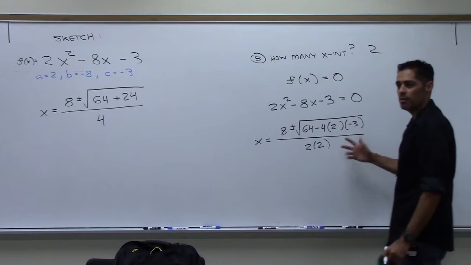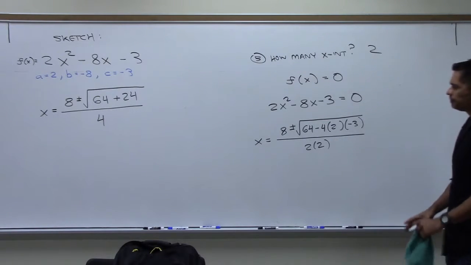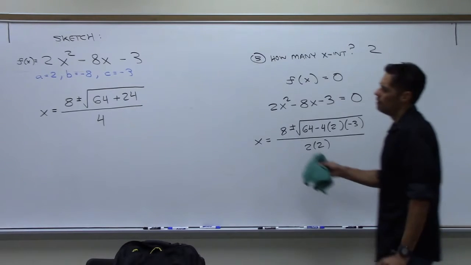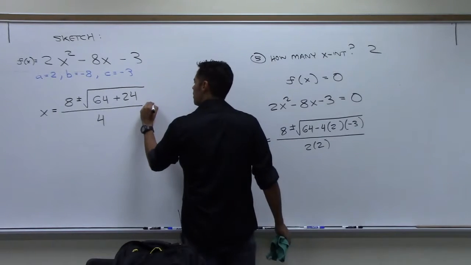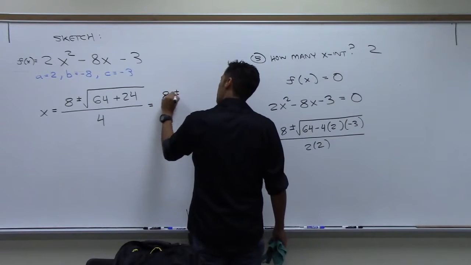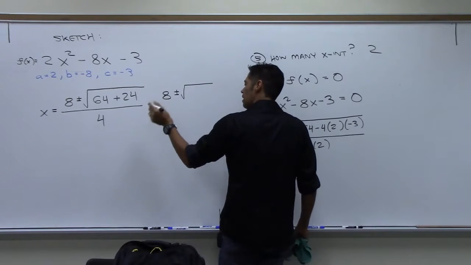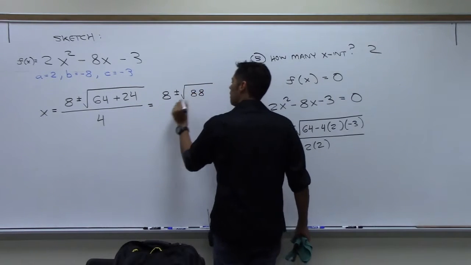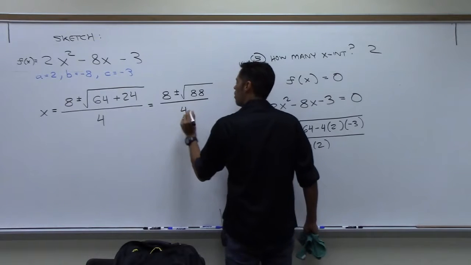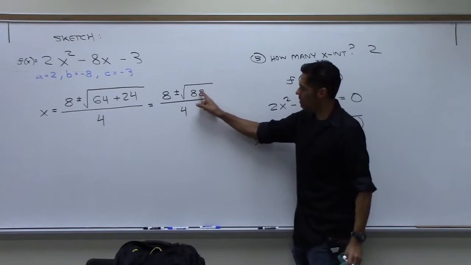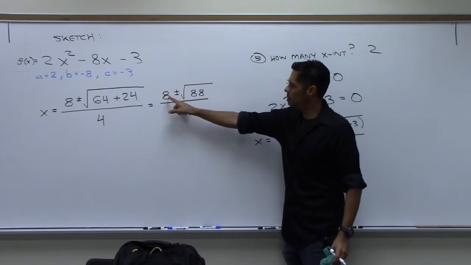If it's an odd number, it's negative. All right, now this is 8 plus or minus square root of 88 over 4. Hey, doesn't 4 go into 88 and 4 goes into 8?